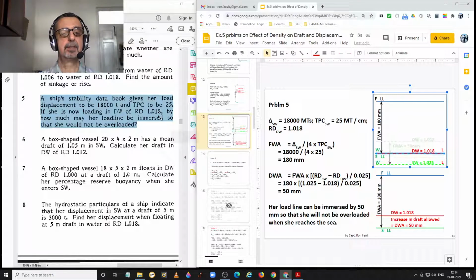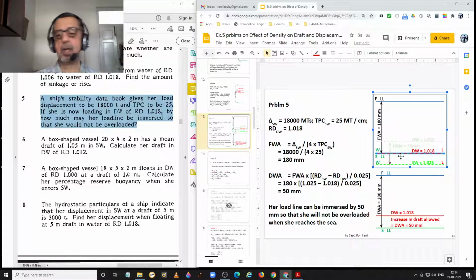Now, what is given to us in the problem is her load displacement to be 18,000 metric tons. When it is said like this, it means that she is at her summer draft. Her summer load line is at the water line. And the displacement at that point is equal to 18,000 metric tons in salt water.